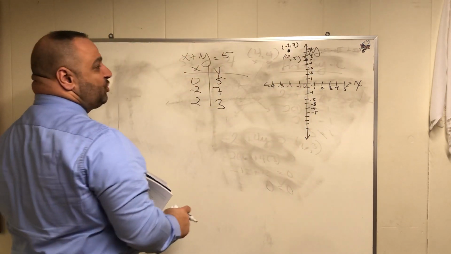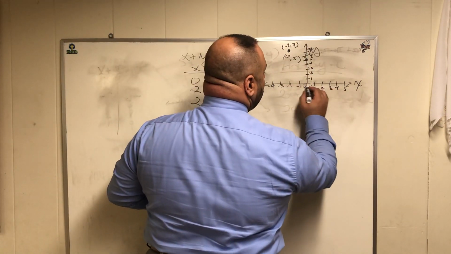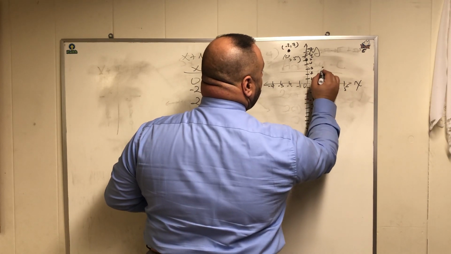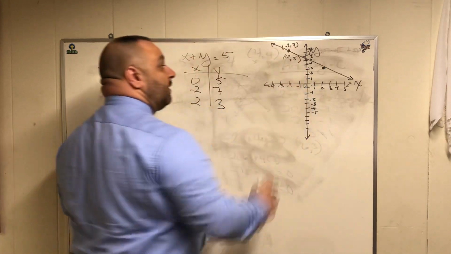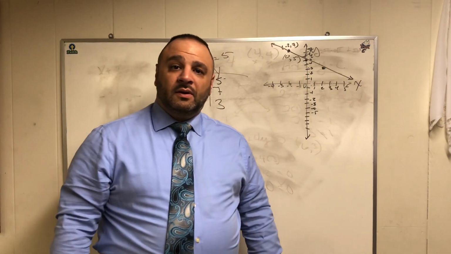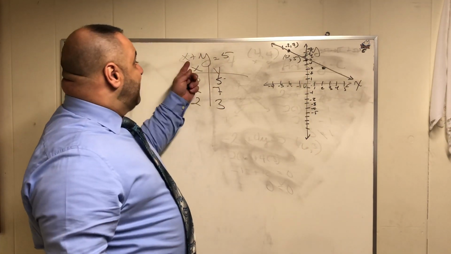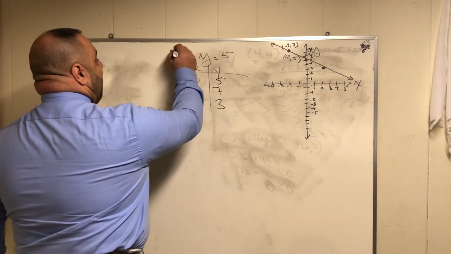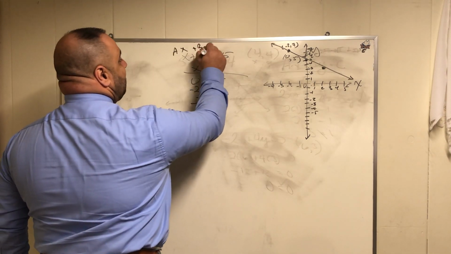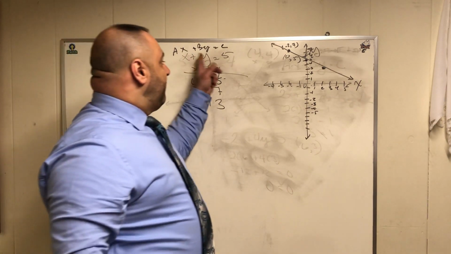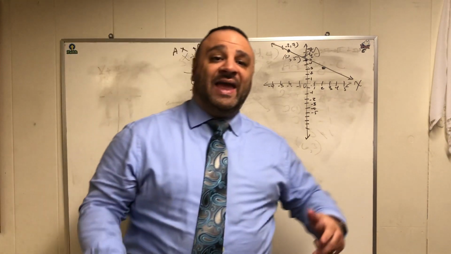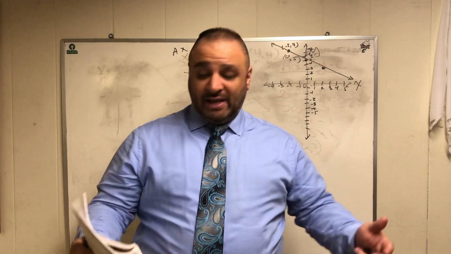And then 2, 3. And notice we have a straight line. This is the form of ax plus by equals c, and as long as a and b are not both 0 and the numbers satisfy the equation, we have a linear graph, a straight line.